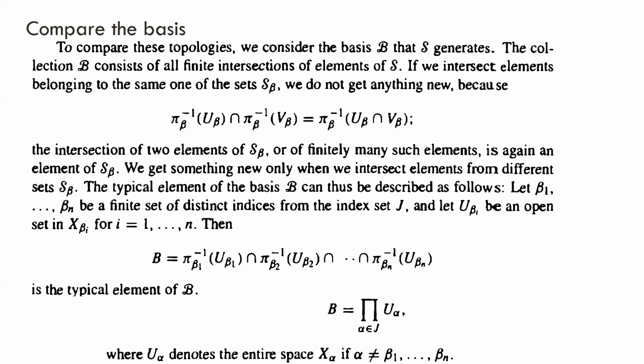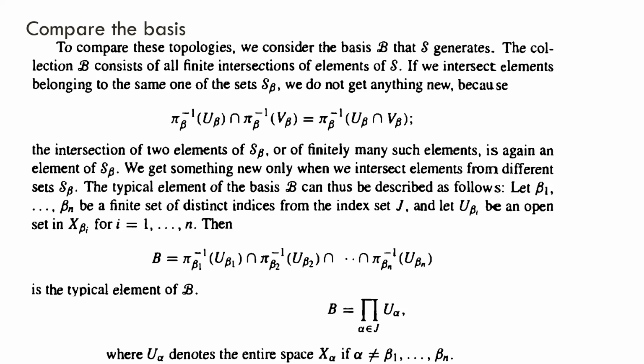For instance, this product space could be seen as B. Say you have (0, 1), and suppose every X alpha equals R. Then let's say you take pi inverse of (0, 1) for the first coordinate: you take the open interval in the first R and take the inverse of this projection.